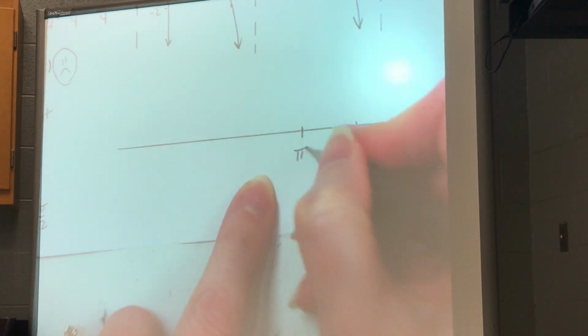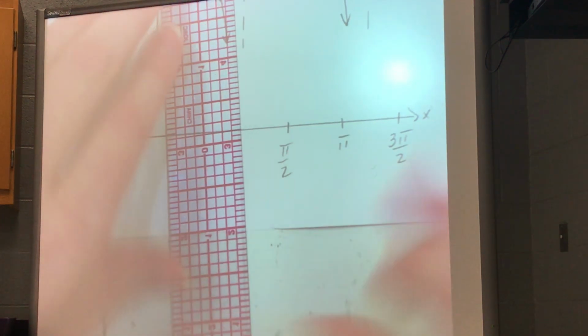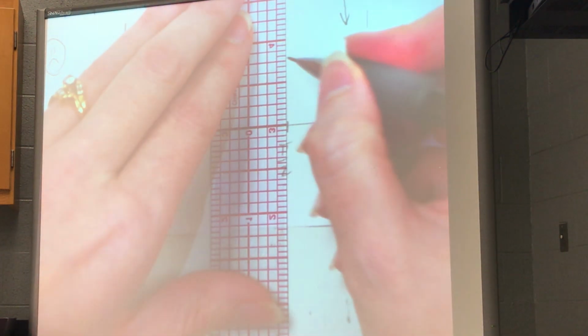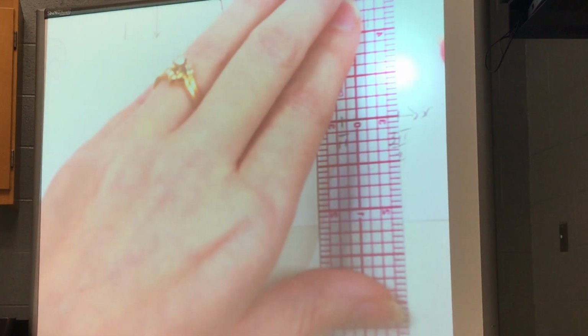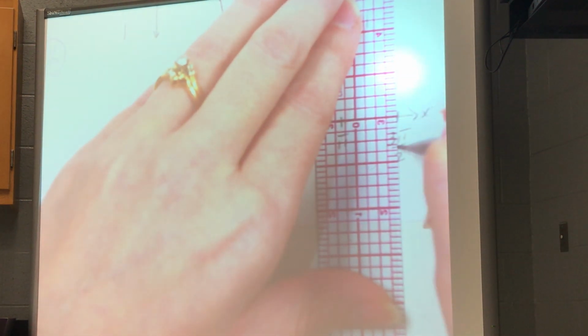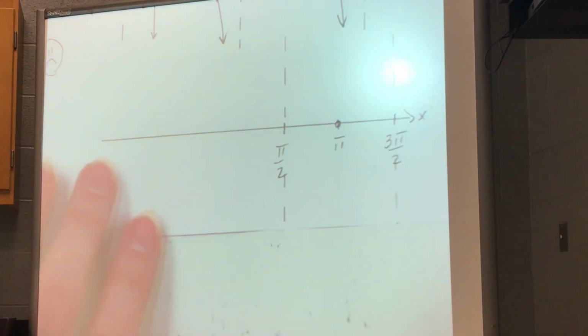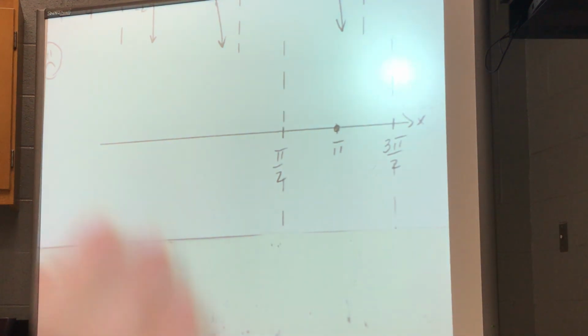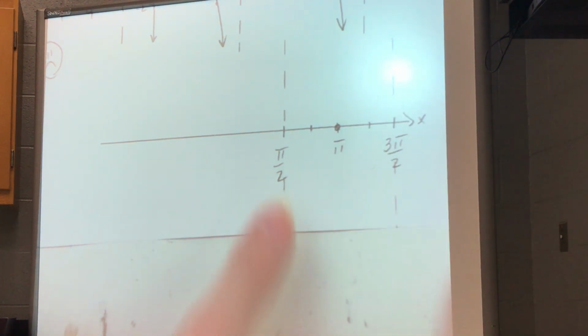Pi over 2. Make a little tick mark at those halfways.